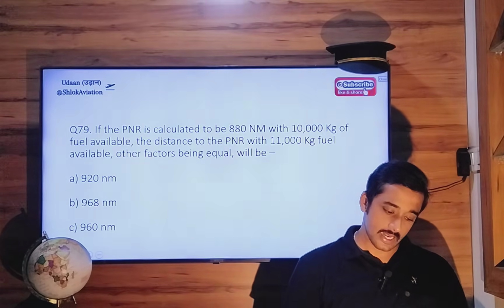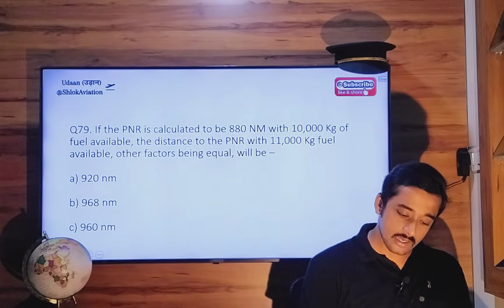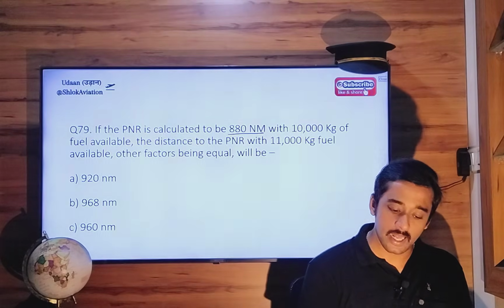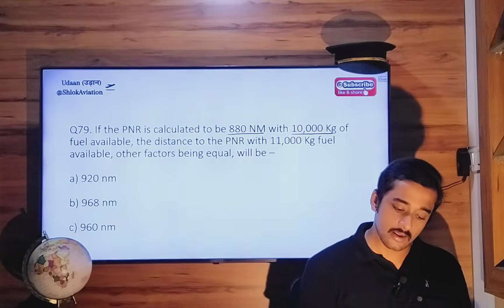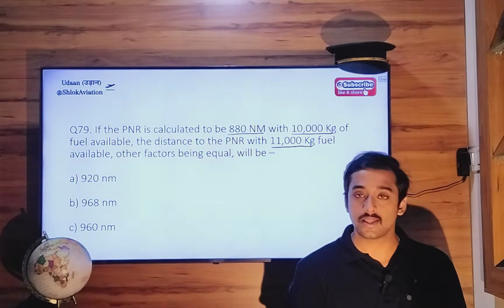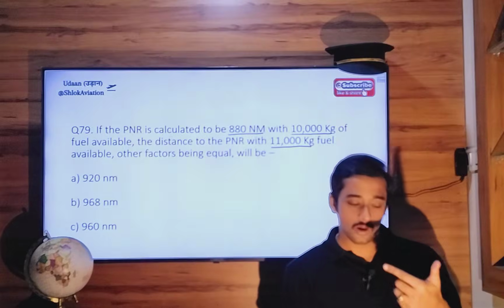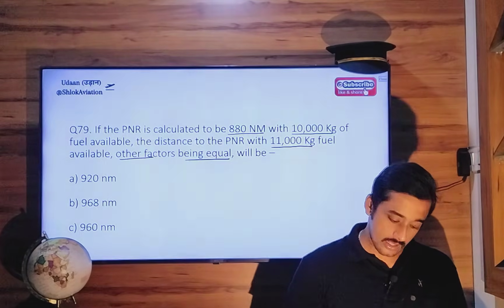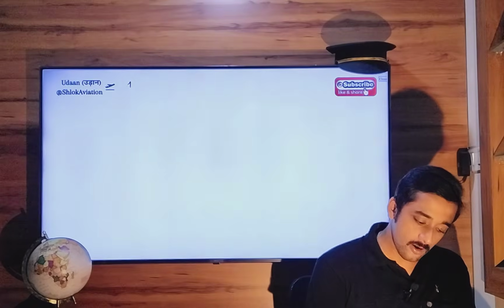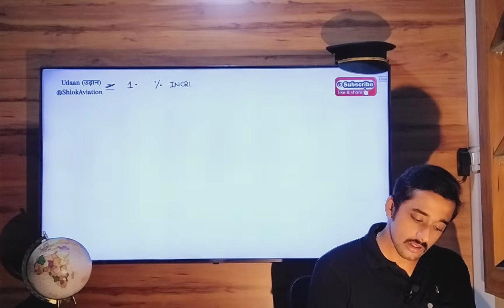Next, question 79. If PNR is calculated to be 880 nautical mile with 10,000 fuel, what will be the new distance to PNR if the fuel is 11,000 kg, 1,000 kilograms more, all other factors being constant or equal? So this is one property of PNR, that percentage increase in fuel.